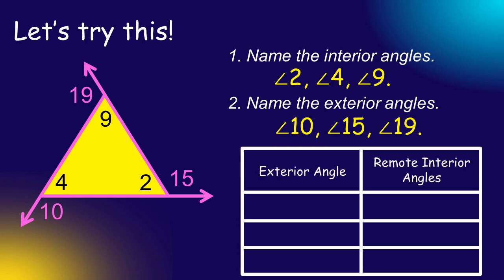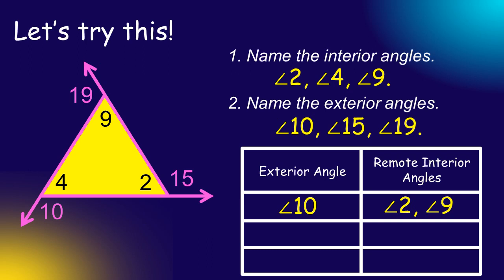How about if we are going to complete this table? We have a column for the exterior angle and a column for its remote interior angles. Let's begin with the first exterior angle. That's angle 10. What are the remote interior angles of angle 10? Very good. Angle 2 and angle 9.